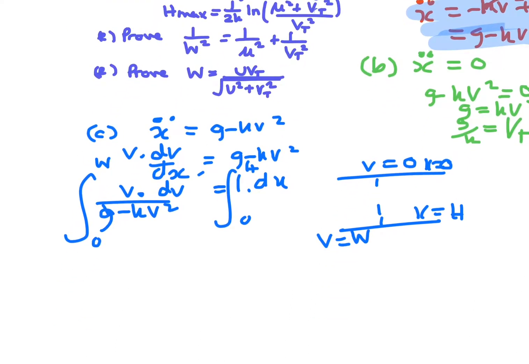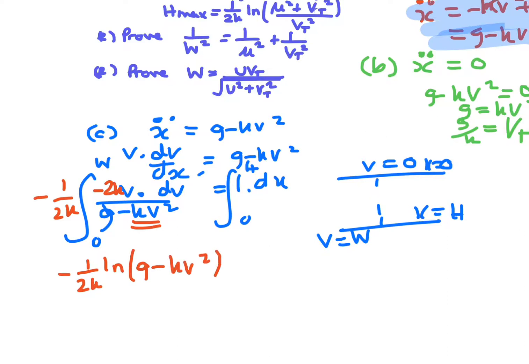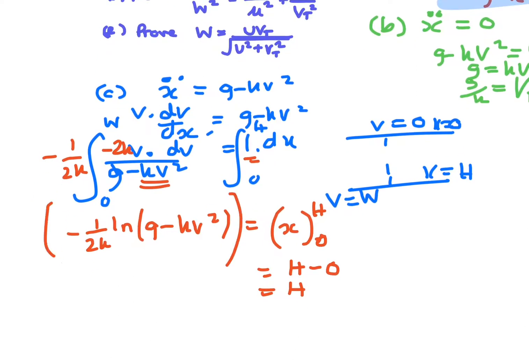Okay, so let's go. All right, so to integrate this one, it is a log, because you can create the derivative as minus 2kv. So you divide by minus 1 on 2k. So minus 1 on 2k is ln of the bottom, which is g minus kv squared. And the integral of 1 is x, and we're going from h to 0, so it's h minus 0, which will just be h. And this one here will be 0 to w.